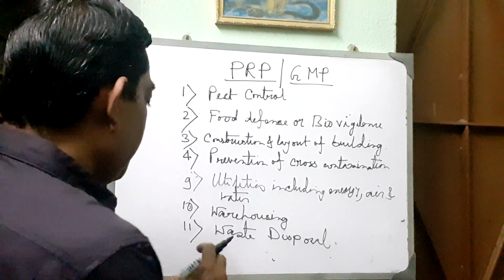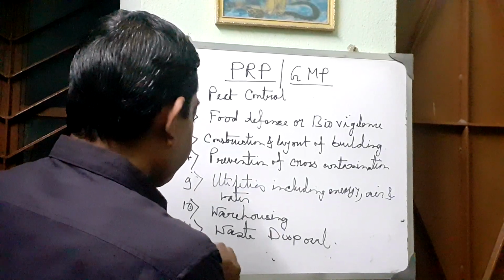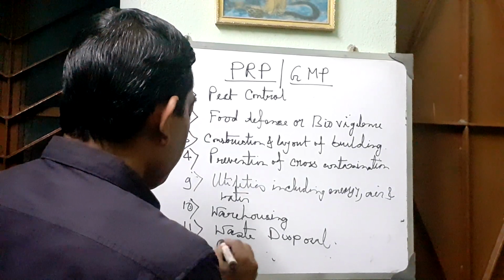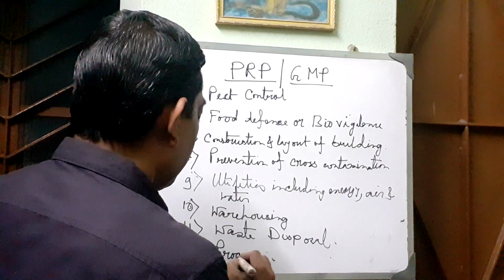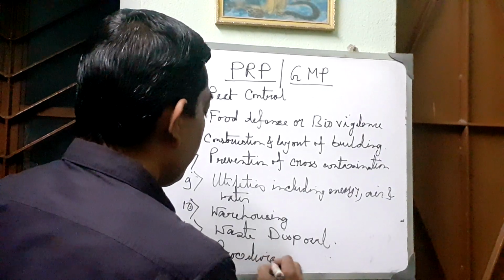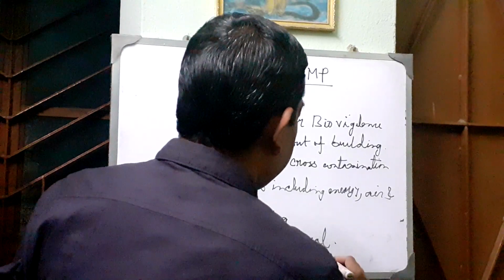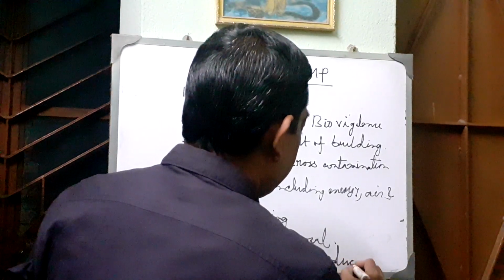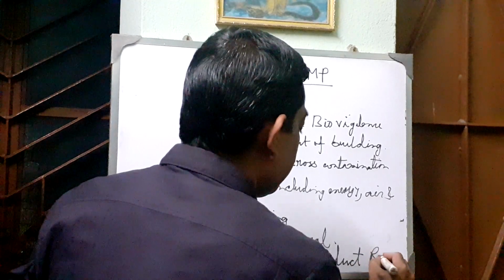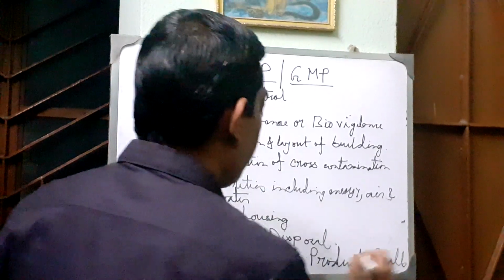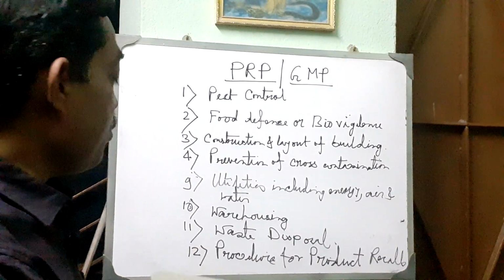And the 12th point is procedure for product recall. These 12 points are very important for PRP, the prerequisite program.